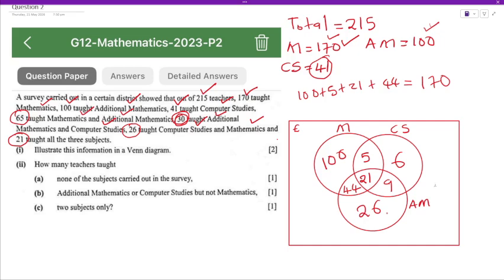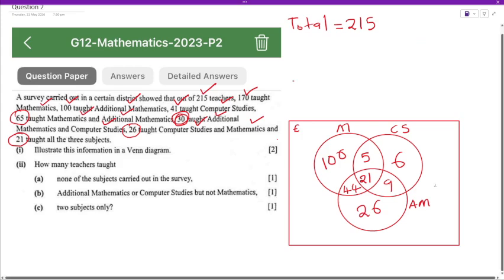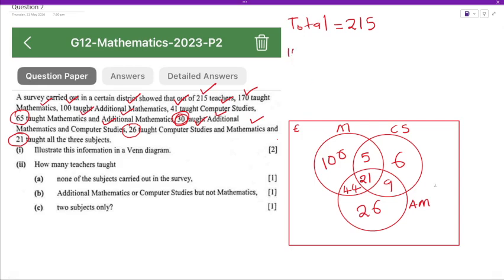Now, we were told to always confirm the total. The total is supposed to be 215. We can erase this information now. We have confirmed that everything is okay. The total we've been told should be 215. So now let us add everything. We see if we're going to get 215. So we're going to say 100 plus 5 plus 21.